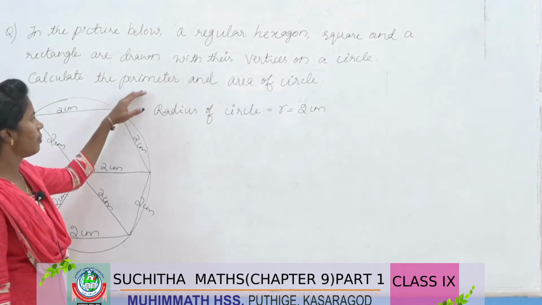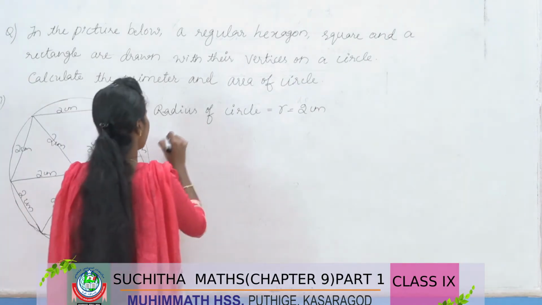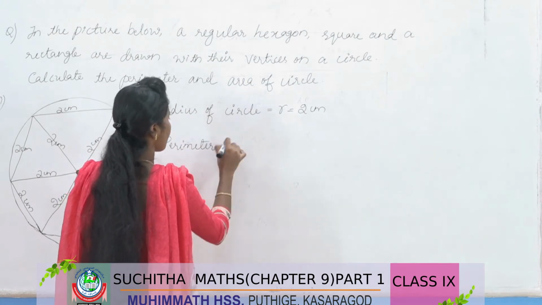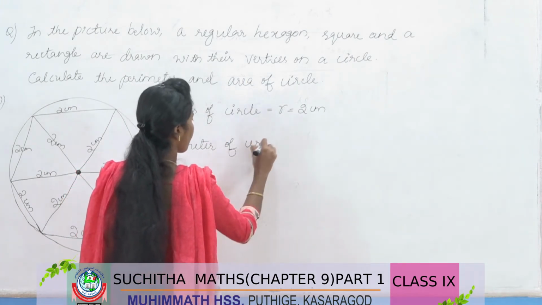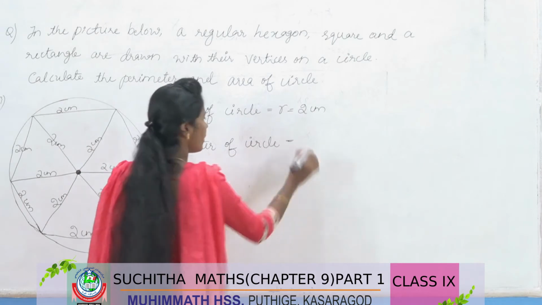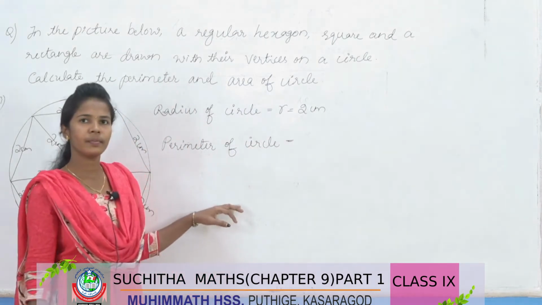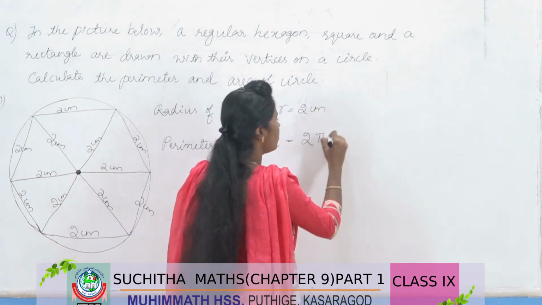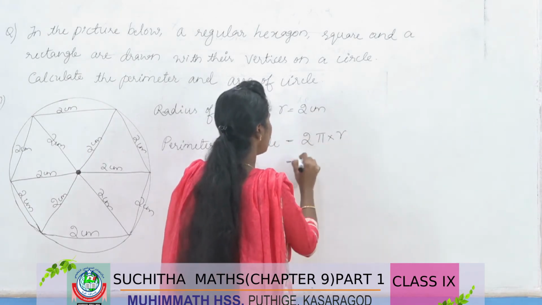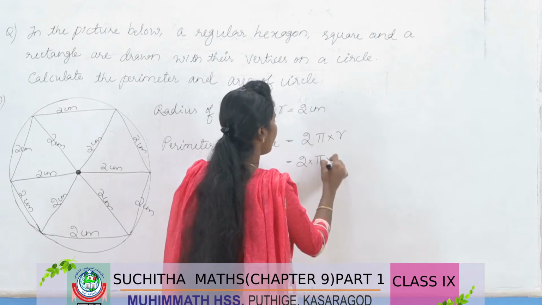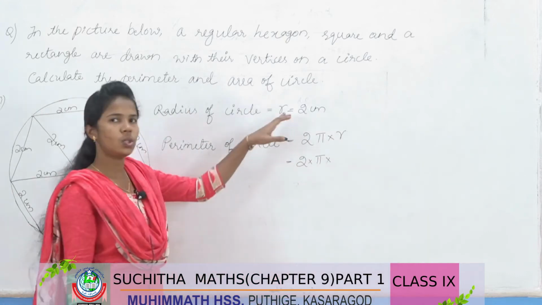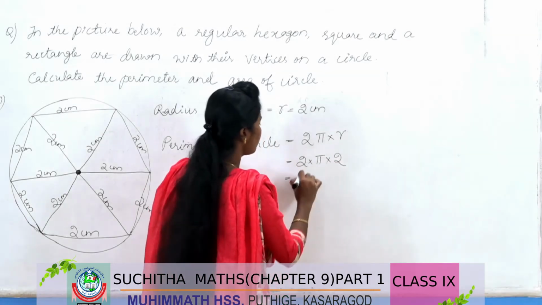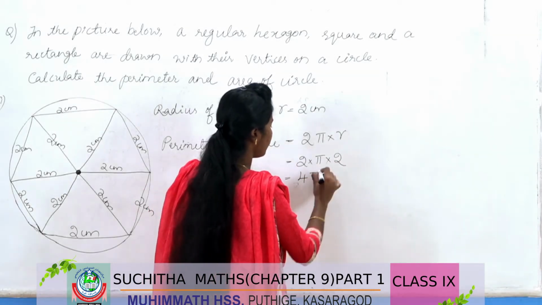Therefore, the perimeter of the circle: what is the equation to find the perimeter of a circle? It is 2 pi r. 2 into pi into the value of r, which is 2. 2 into 2 is 4, 4 into pi.